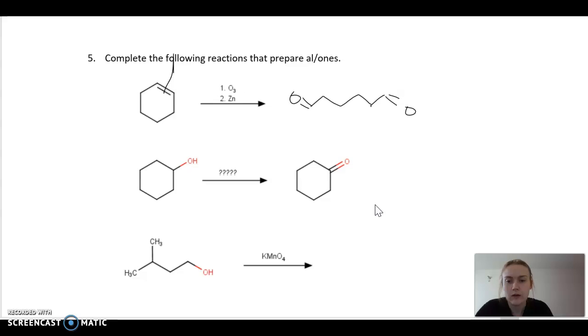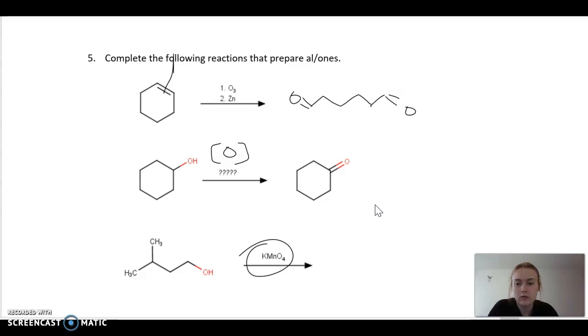Second one, you need an oxidizer. So like this is an oxidizer: bleach, chromate. If you can think of any others, list them.